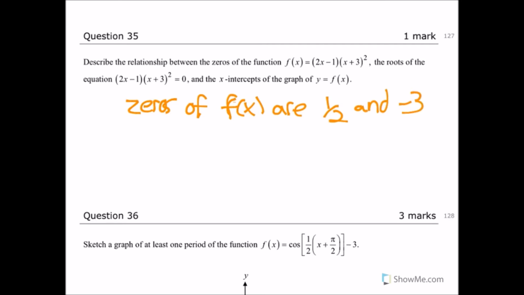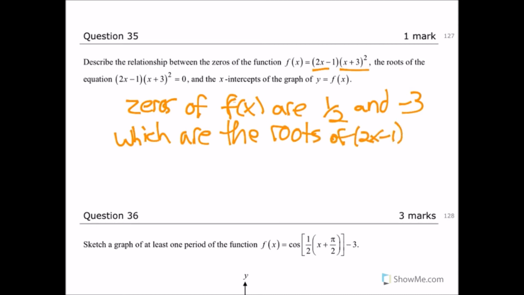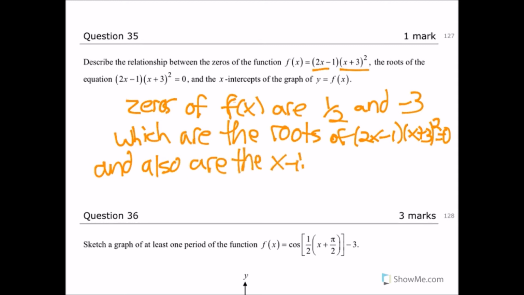Those are just the values that make the two brackets 0, which are the roots of (2x minus 1)(x plus 3) squared equals 0, and also are the x-intercepts of y equals f of x.